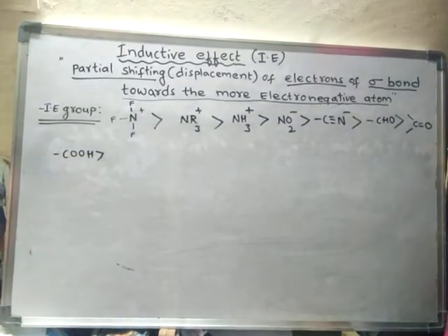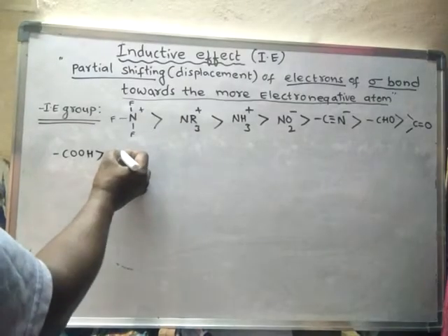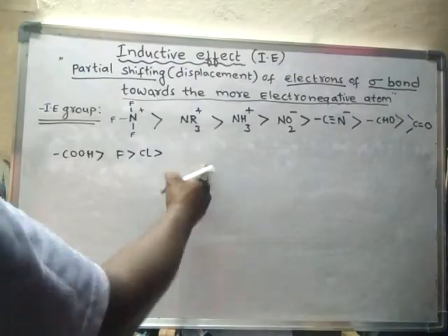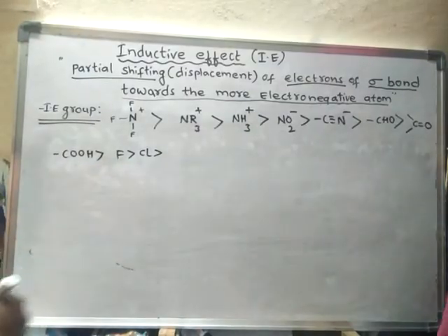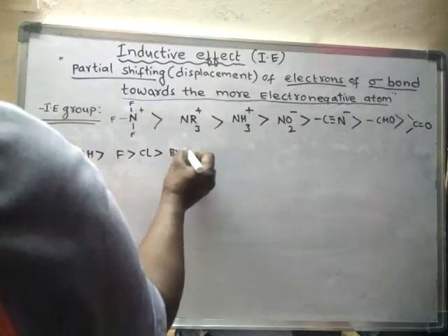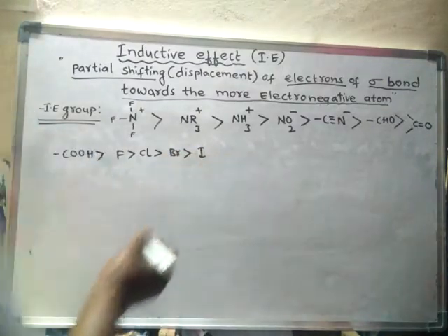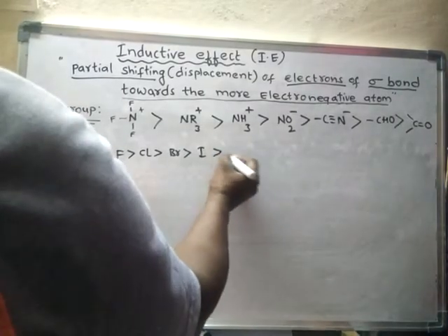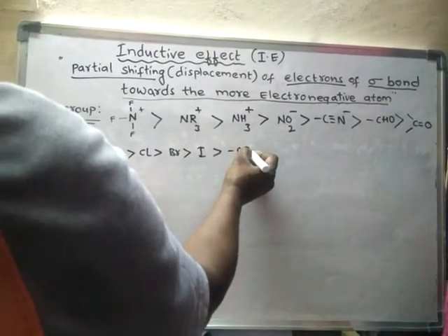Next to COOH group is fluorine, chlorine. That means these are halogens. Out of several halogens, fluorine shows more minus IE than chlorine. Next to chlorine is bromine, and next to it is iodine, and next to iodine is alkoxy group.